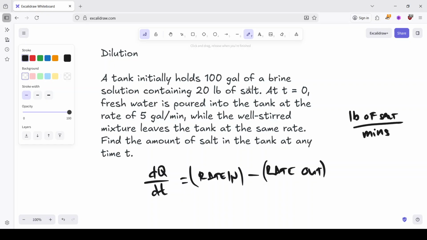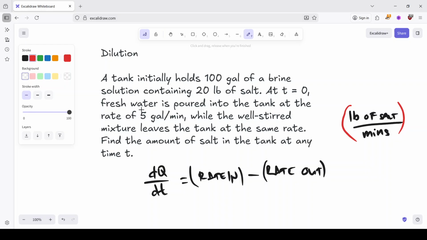Now, we want to find some parameters here that when combined will have this unit, pounds of salt per minute, right?